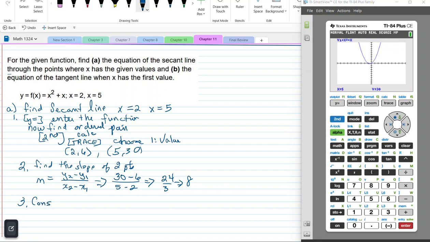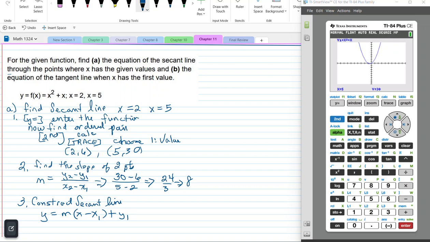So now I'm going to construct the secant line. To construct the secant line, I'm going to use the formula y equals m times the quantity x minus x sub 1, plus y sub 1.